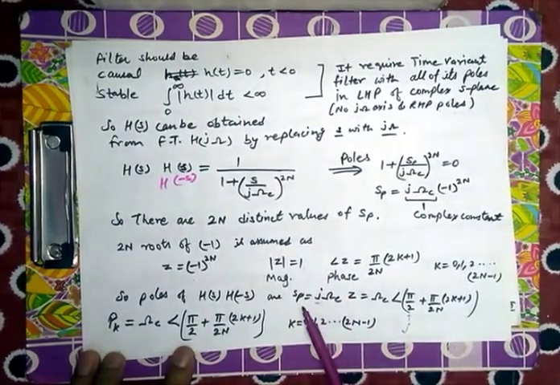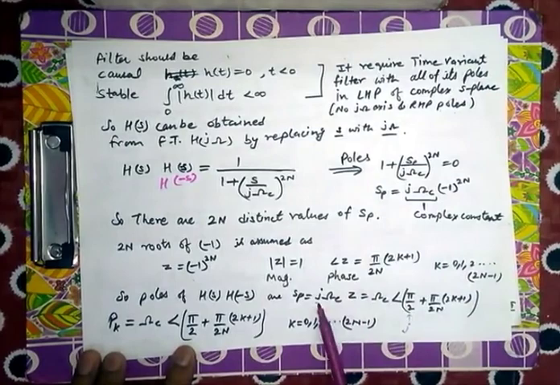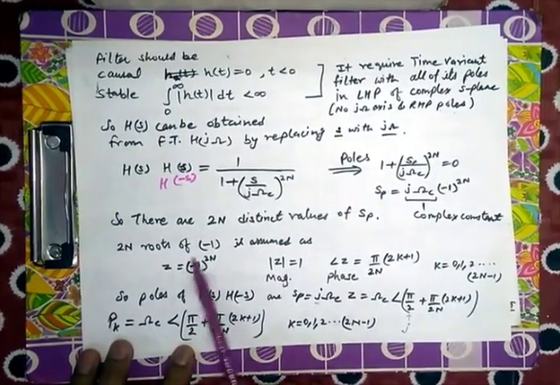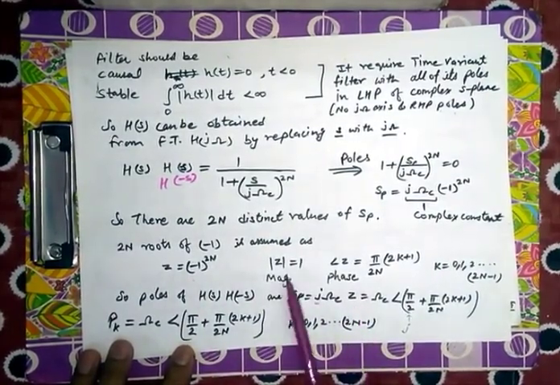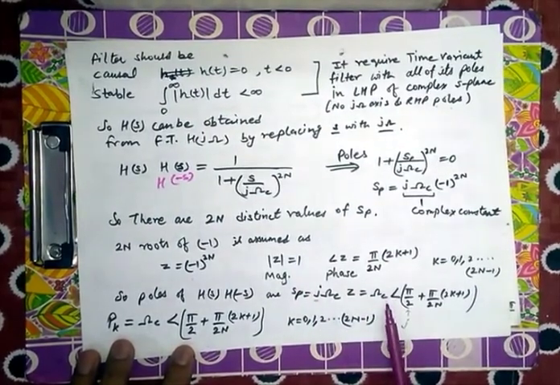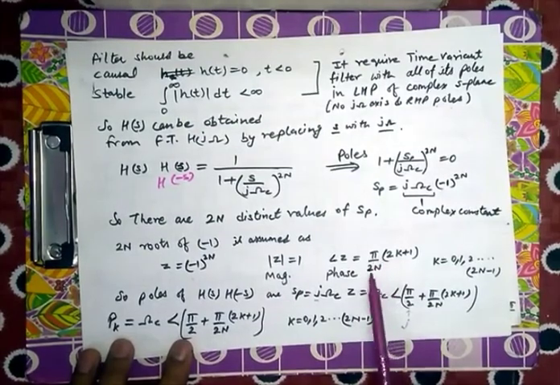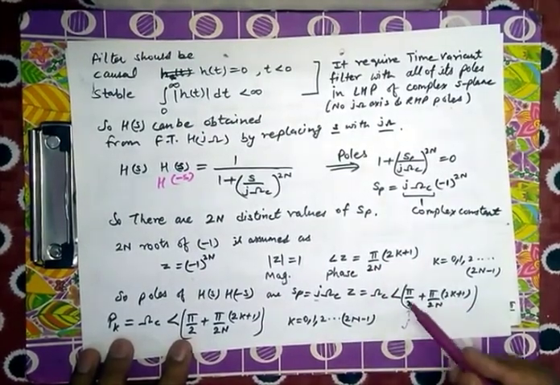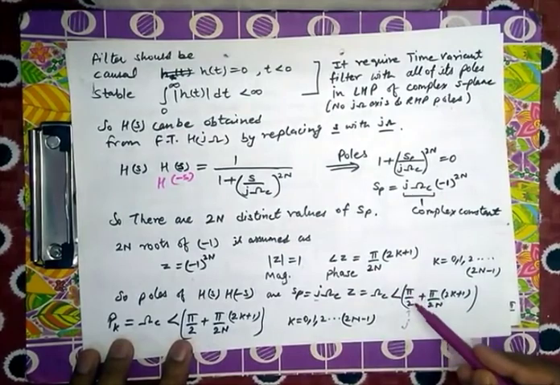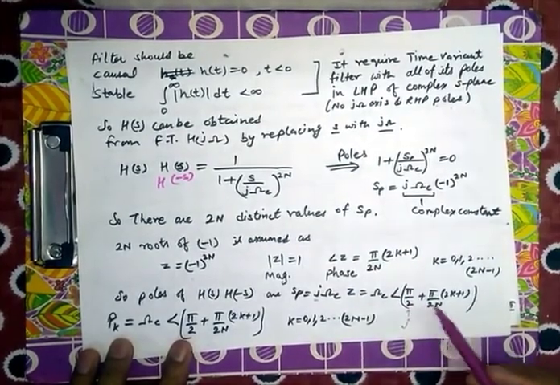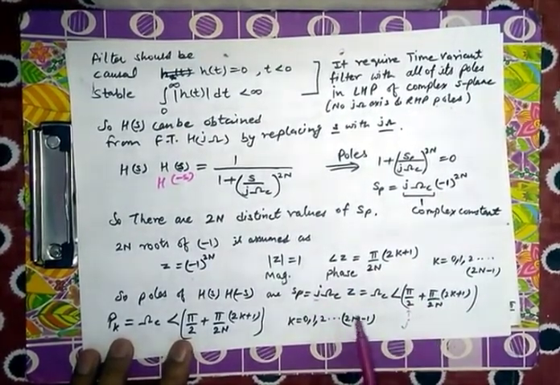Putting the value of root in the equation, that is sp equals jΩc z, we have assumed this is z, and putting the value of z as having magnitude 1 multiplied with Ωc, and angle pi by 2n, (2k plus 1). Now from here we have also written the value pi by 2. This pi by 2 is written for this j, because j, a complex value, is equivalent to a phasor part pi by 2. You know that e raised to power j, j is equal to angle pi by 2.